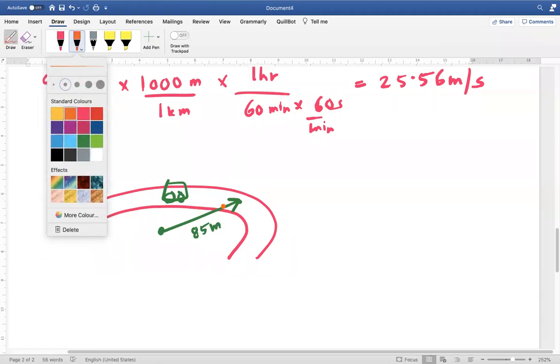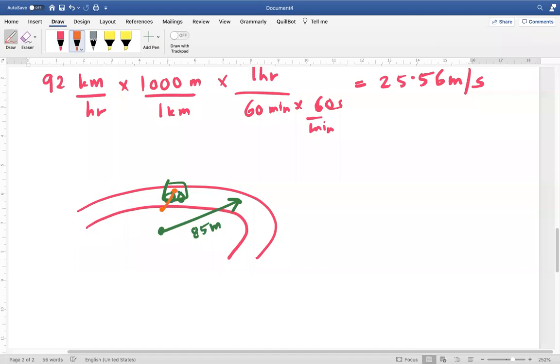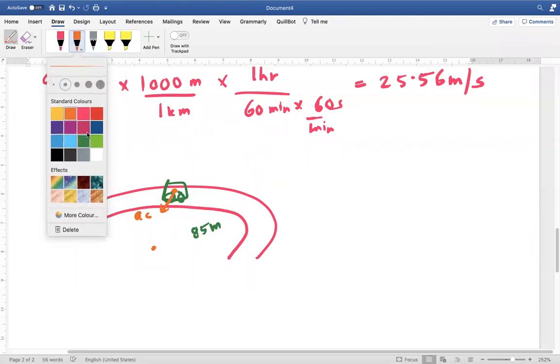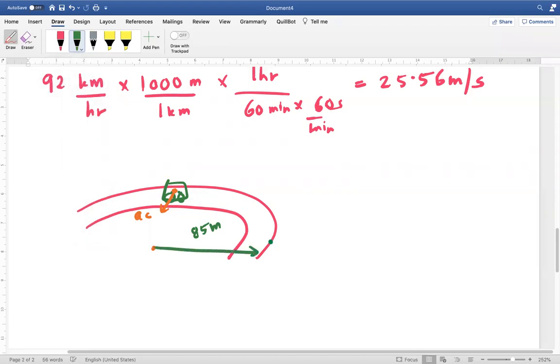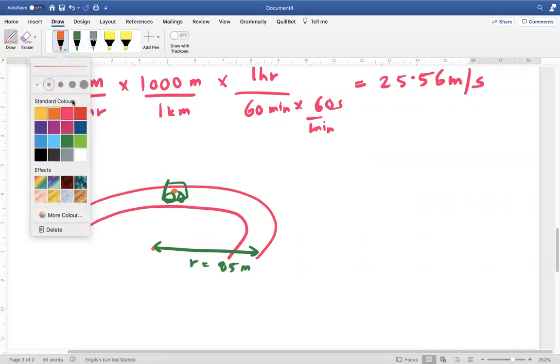So now we know that the direction of our centripetal acceleration is towards the center. Assuming this is my center. My center is too far over here, let me draw that again. The radius can be anywhere. Let me draw the radius over here. That's my radius, equals 85 meter. So I know the direction of my centripetal acceleration is always towards the center of the circular motion.